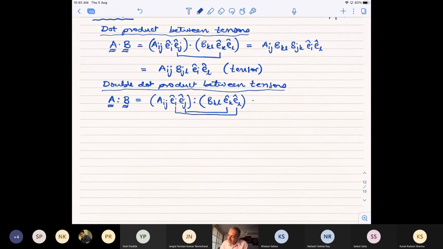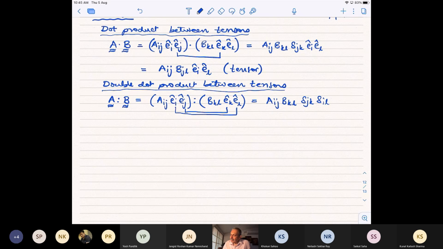So when we see this, this is Aij Bkl, and now you'll have delta Jk as before, and then we also have delta IL.